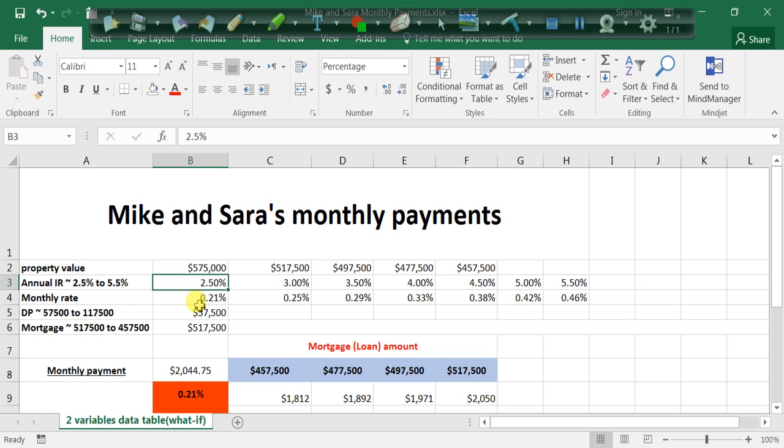Remember that for our calculation we need the monthly rate, so we divide that by 12, and the monthly rate can vary from 0.21% to 0.46%.